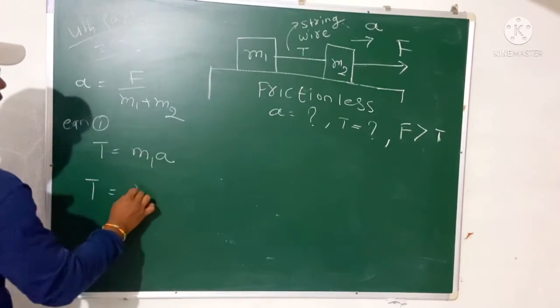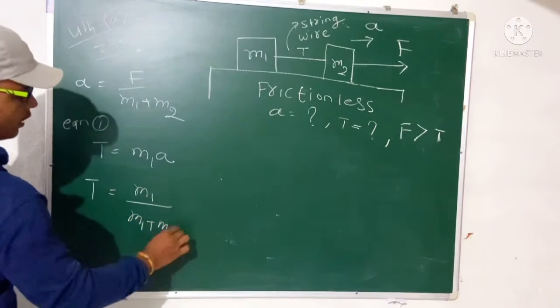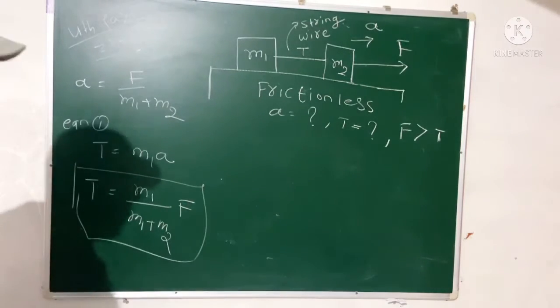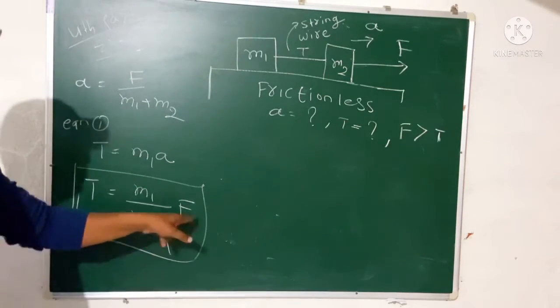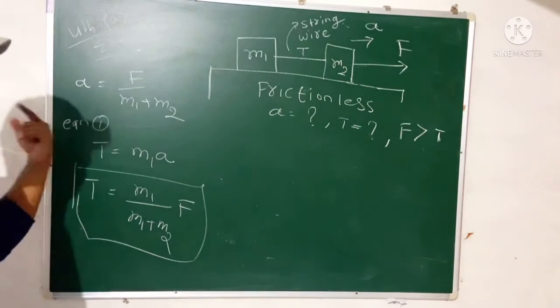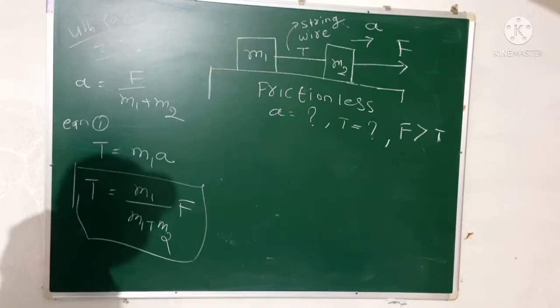Therefore T equal to M1 divided by M1 plus M2 into F. So remember, M1 will be given to us, M2 will also be given to us, and F is the force that is pulled by you, so that is also given. So then you can find out the acceleration and the tension, right? So these are the two questions of this FBD fourth part.